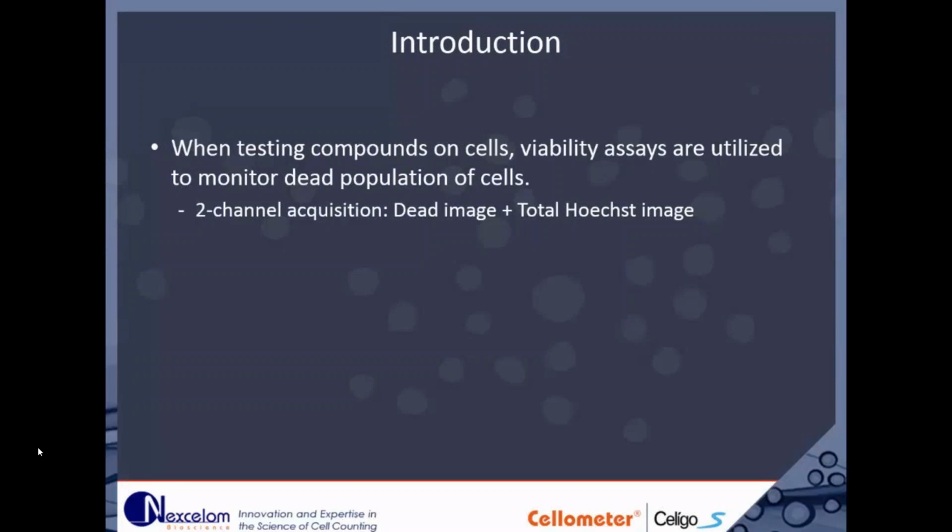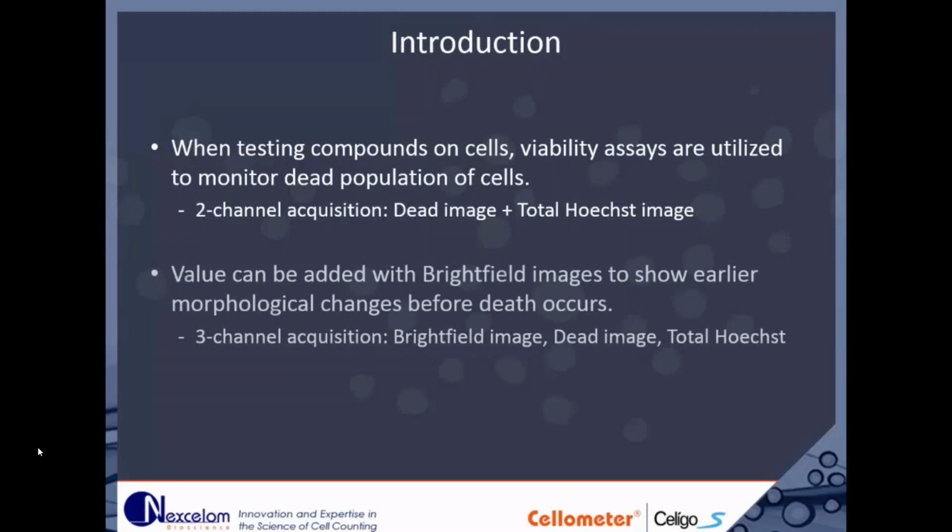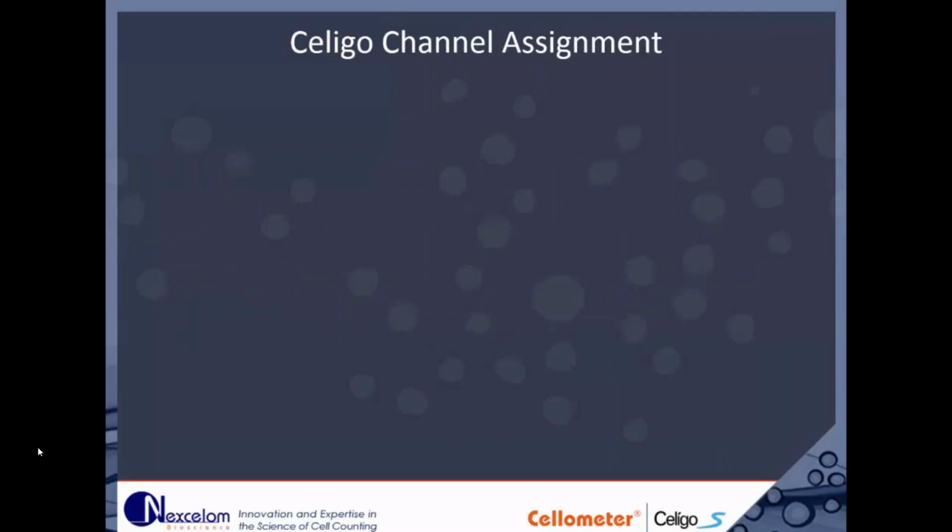But that doesn't give you any insight into the bright field morphology. Some of these cells, as you'll see, have rounded up, but they're not dead. So that might be a value to you in looking at your drug screens. So I actually have in this plate that we're going to scan today cells that were treated with alpha TOS, which is typically vitamin E, and the drug treatment caused some cells to round out, but it didn't kill them initially.